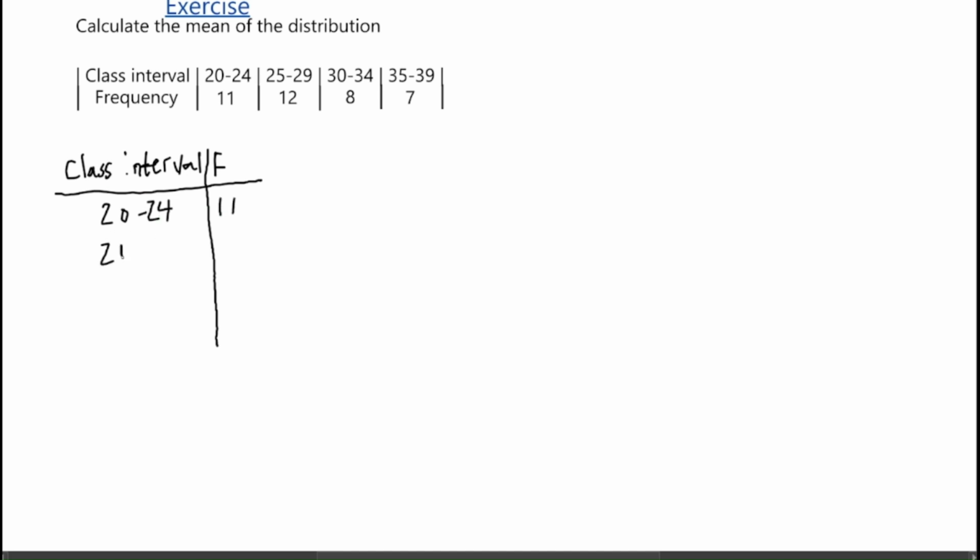The next is 25 to 29, and the frequency is 12. Then we have 30 to 34, and the frequency is 8, and 35 to 39, and the frequency is 7. Now go ahead and solve using the same method we used in the previous example.